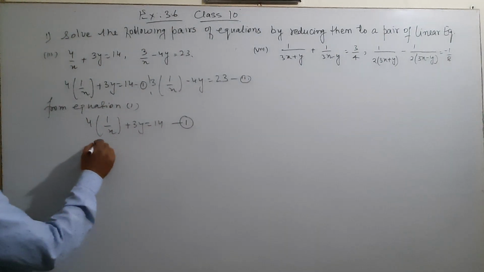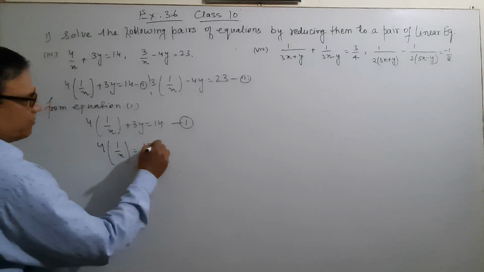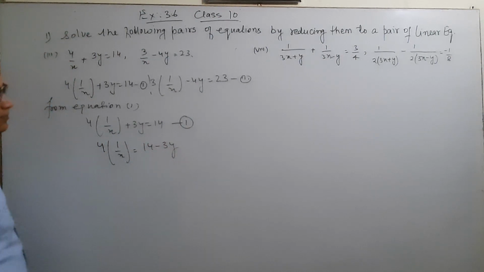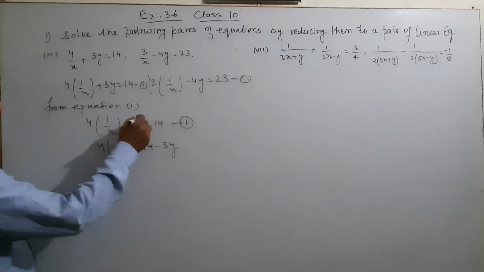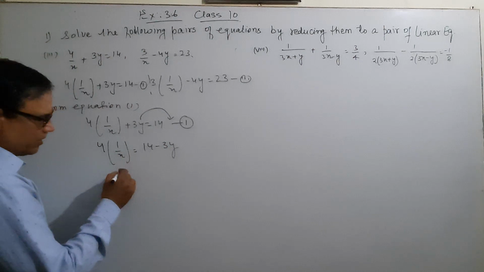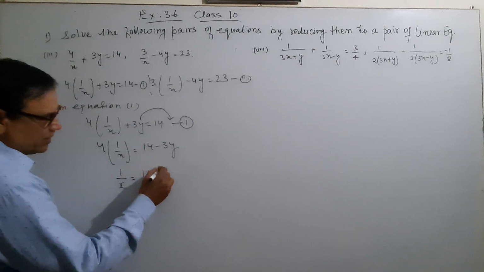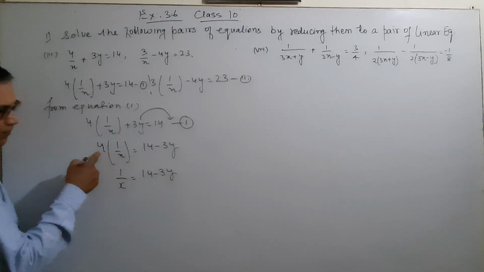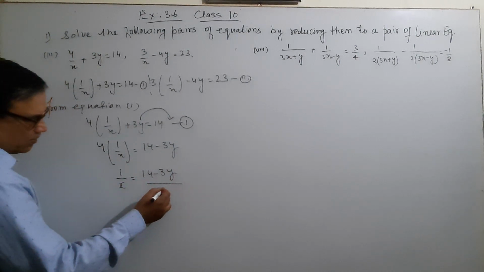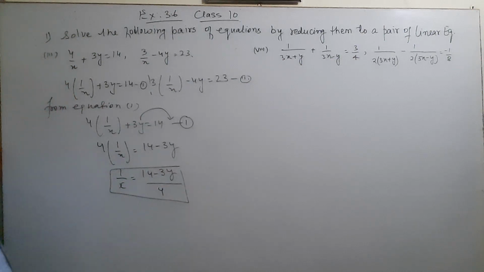From here what can we write? 4 bracket 1 by x is equal to, what is this? 14 minus 3y. This is plus and goes to the right hand side, so the sign will change. And from here we will find out the value of 1 by x, which is equal to 14 minus 3y, and here is 4, and we have to divide it by 4. This is the value of 1 by x.